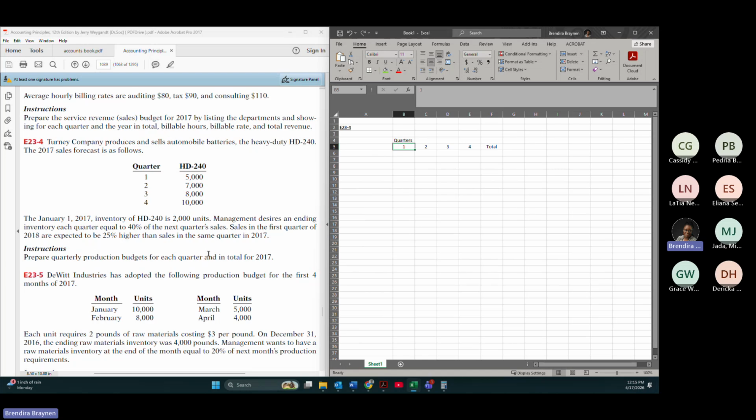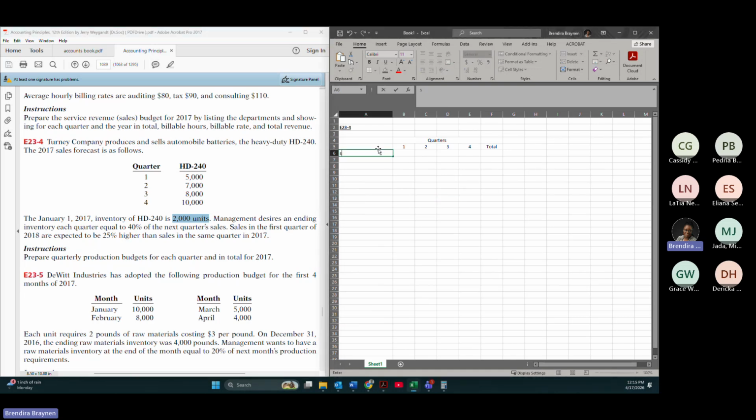But because they said I'm doing it for each quarter and in total, I have 5 columns to show that information. Like I said, be reminded that this is in units. They didn't give me sales dollars, but if they gave me sales dollars, I'm ignoring the dollars. I'm only looking for units. Production budget is based on units.